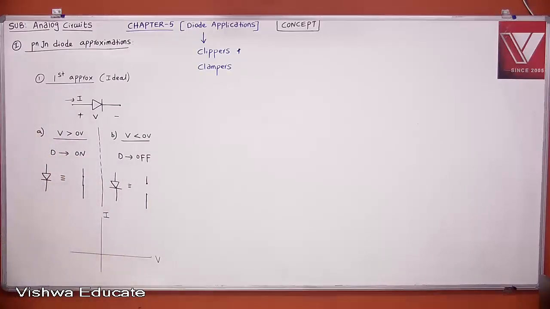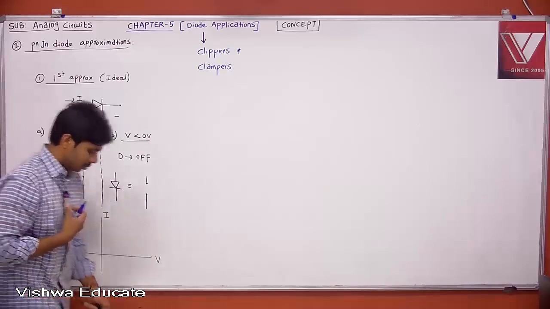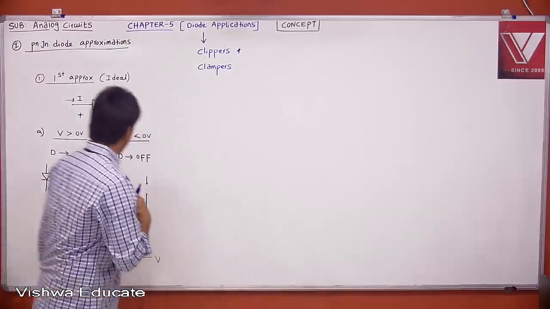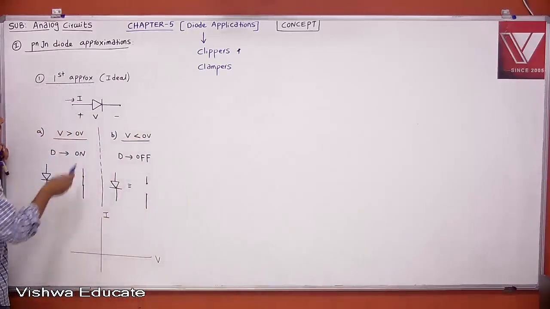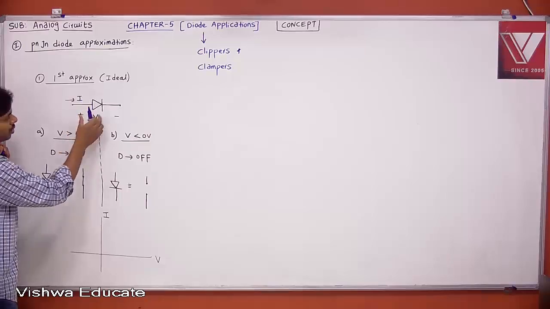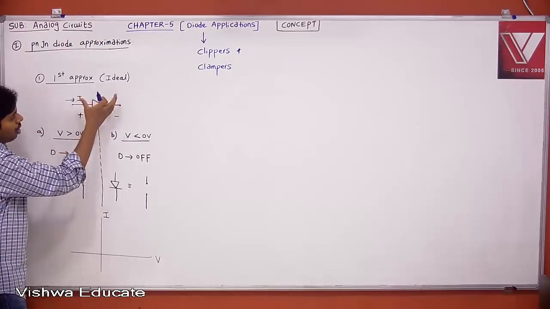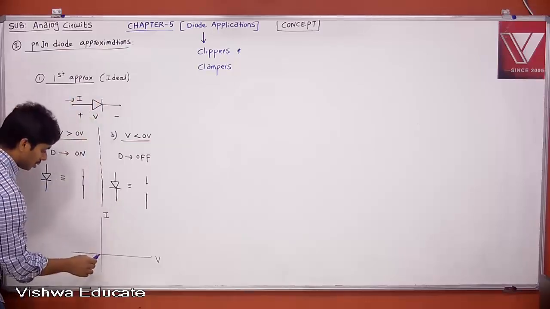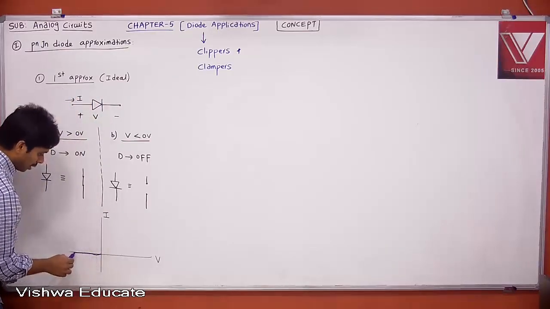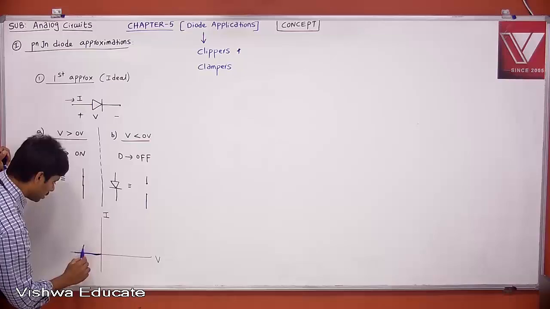When V is less than 0, what is the diode? The diode is off. If the voltage across the PN junction diode from P to N is negative, the diode is off, there is no current, and I is equal to 0.